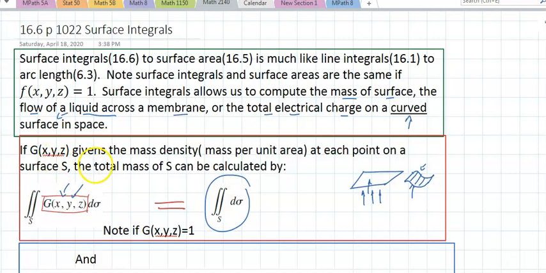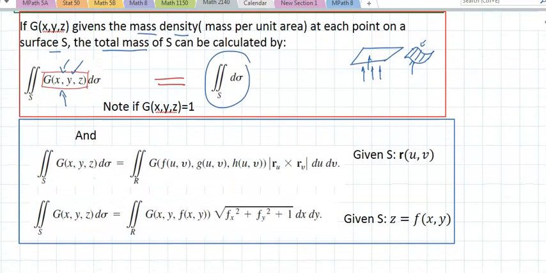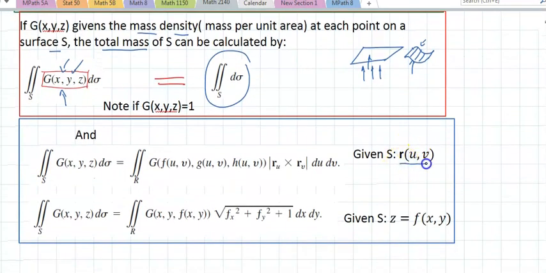If g of x, y, z gives the mass density at each point on a surface S, then the total mass is calculated by this. And it comes down to really one of two things. Am I given the description of the surface in terms of a vector? I'll use the following.